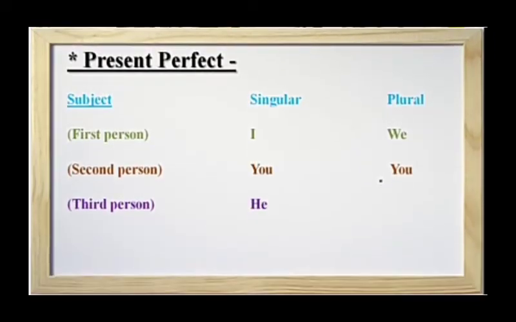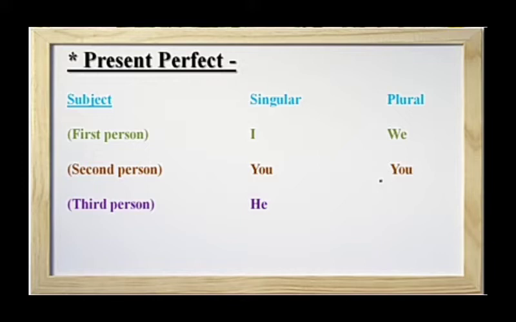Before we start this present perfect, we should know about the subject, which is in singular and plural form. First person, you are very much familiar, that is singular is I and plural is we. Second person, you, plural is you.